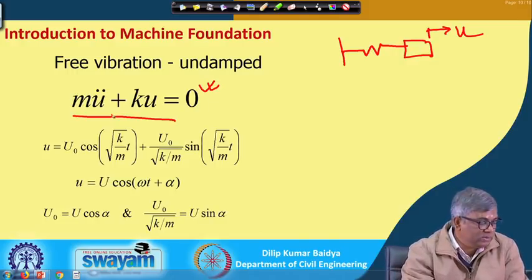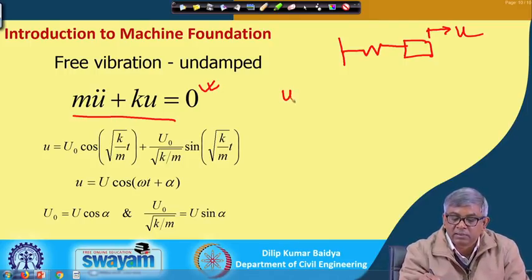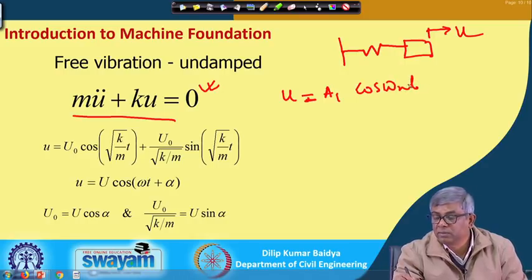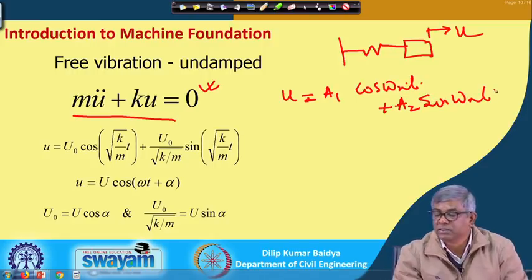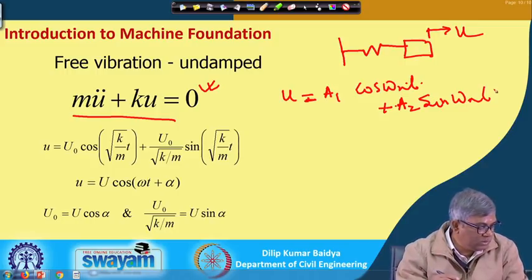For this type of equation we can assume a general solution, a1 cos omega n t plus a2 sin omega n t.